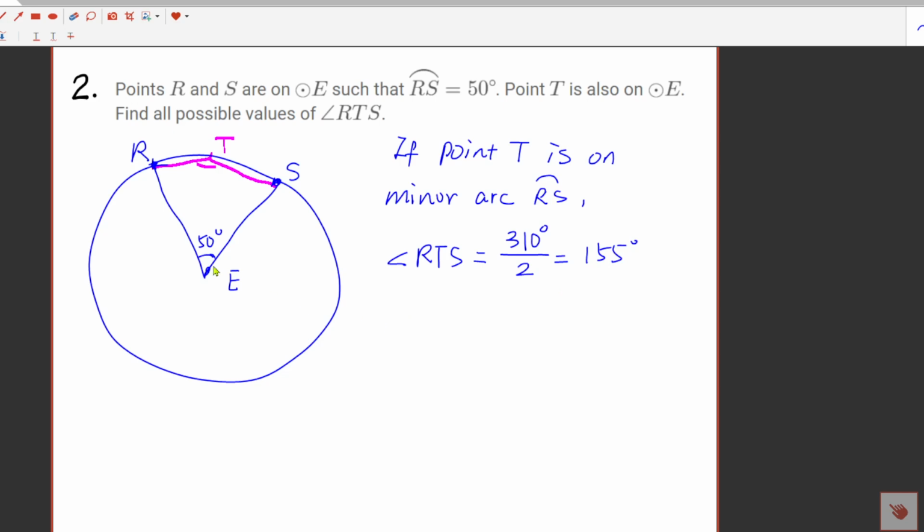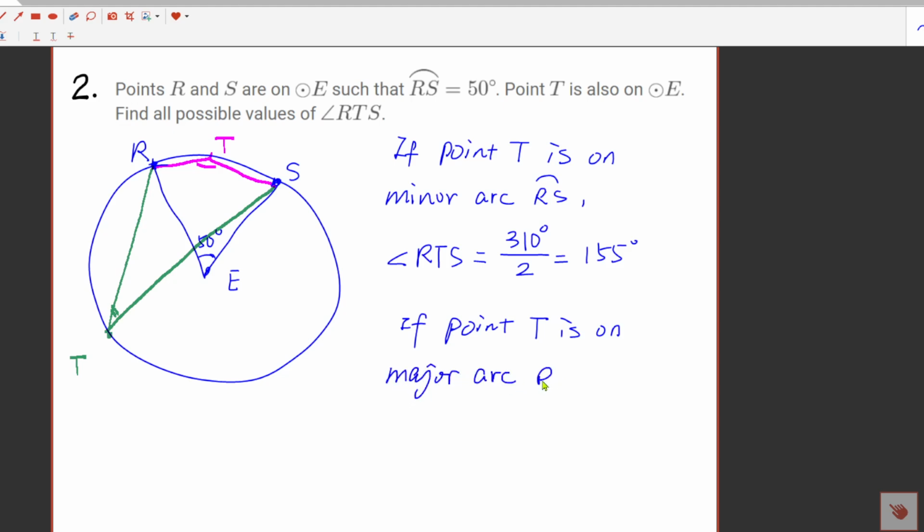Otherwise, there's another possibility, which is here. T could also be here, right? In that case, that's our angle RTS here. So if point T is on major arc RS, which is a longer one, then angle RTS is inscribed in minor arc RS, right?